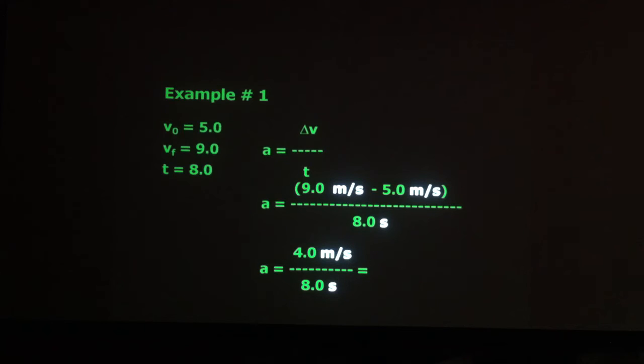And our time was 8 seconds. And if we solve for our acceleration, we get, that's right, half a meter per second each second. Remember, it's acceleration, it's meters per second squared. What that means is the bird accelerated half a meter per second each second.